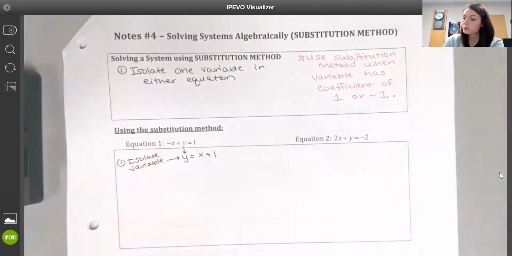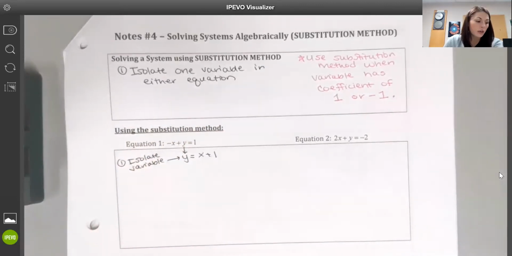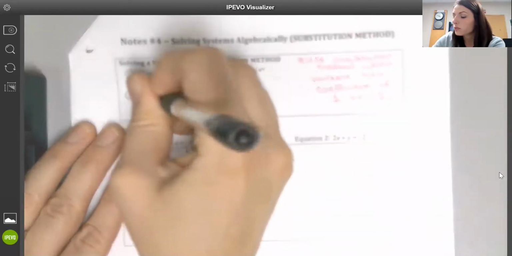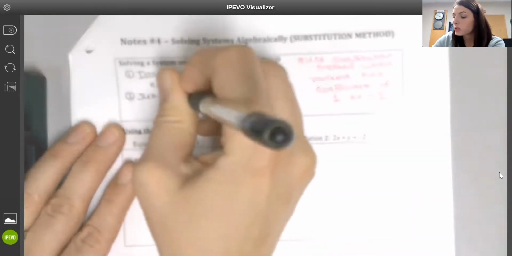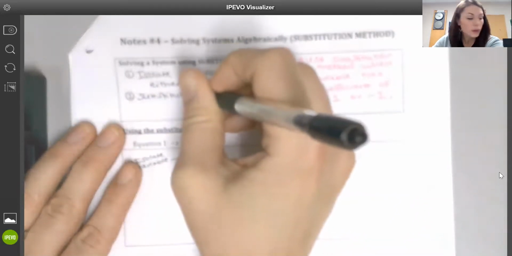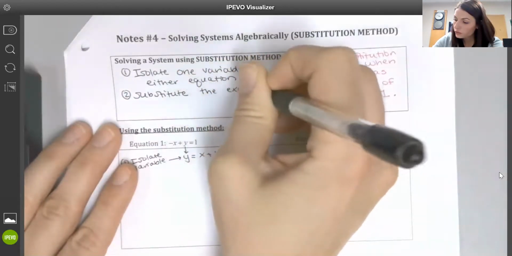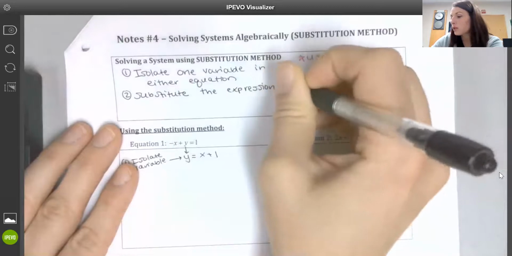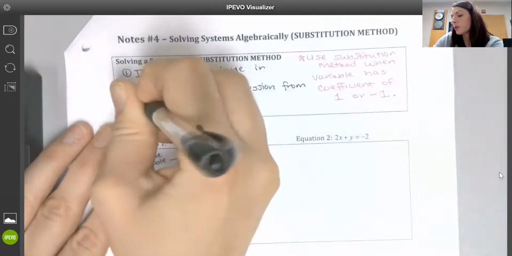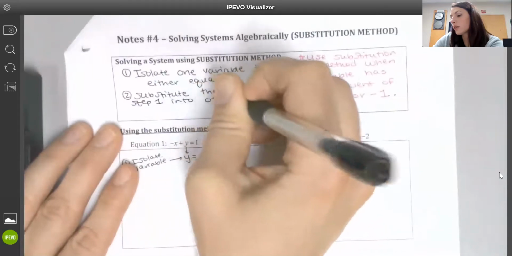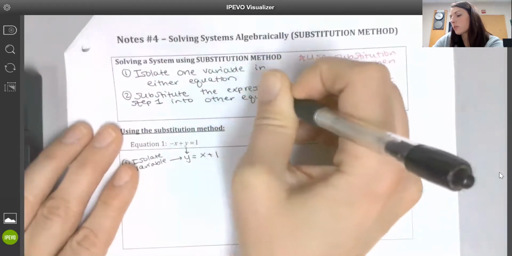Now that I've isolated that variable, I can use substitution. Substitute the expression from step 1 into the other equation.